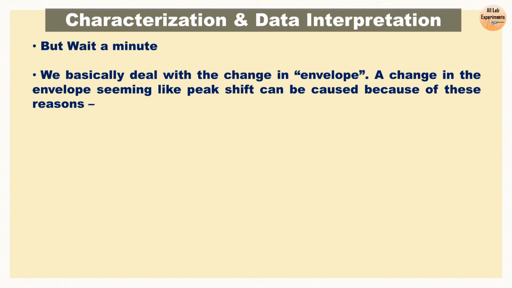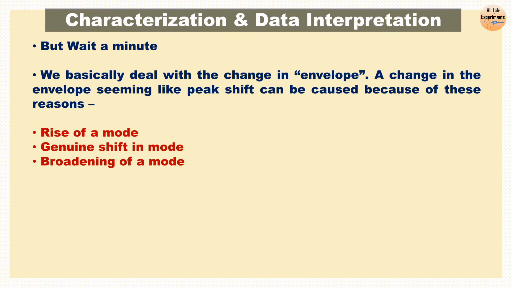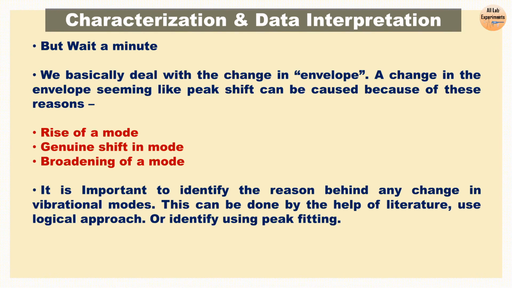Whenever there is a rise in a mode, a shift in a mode, or broadening of a mode, these three kinds of phenomena may happen. But because of that, we only see the change in the envelope, which may look different than these phenomena. So we can do a literature survey for that, and also we can do peak fitting.